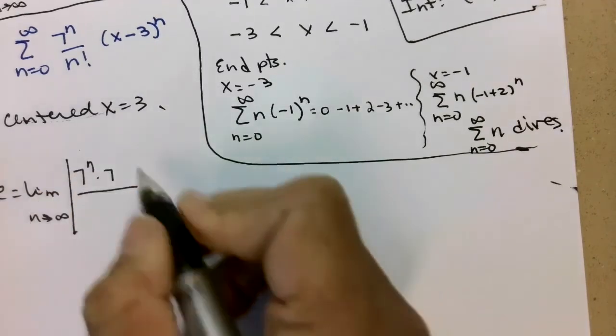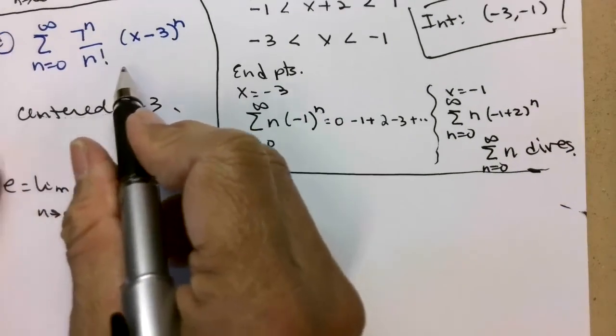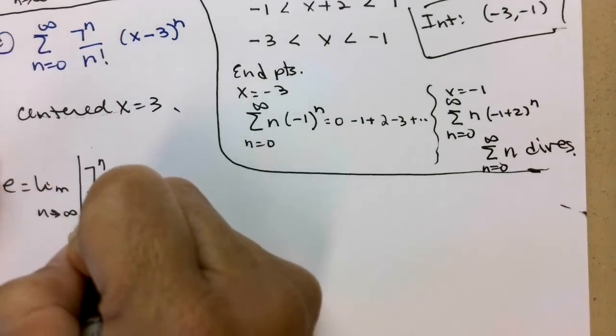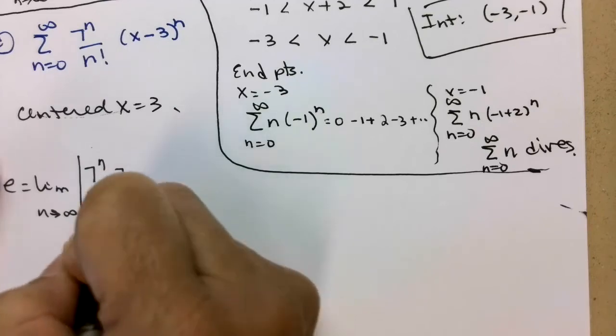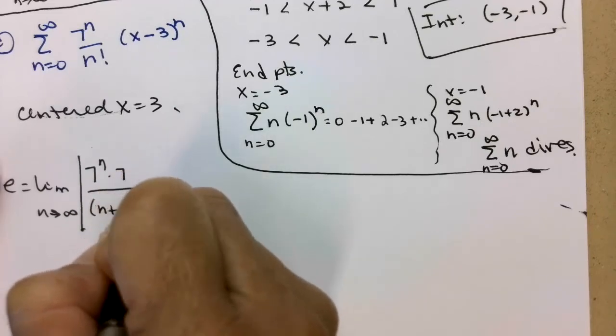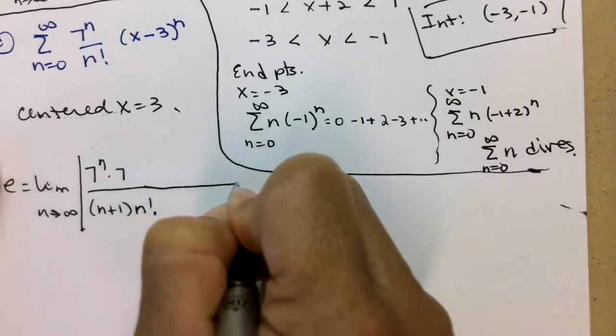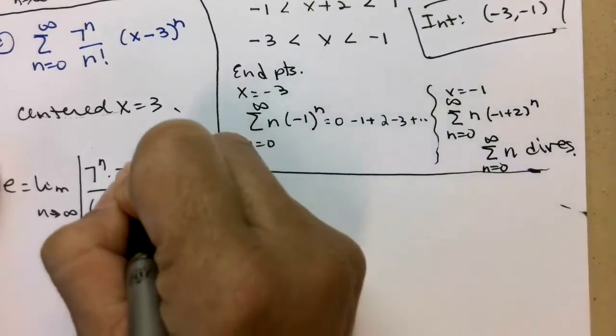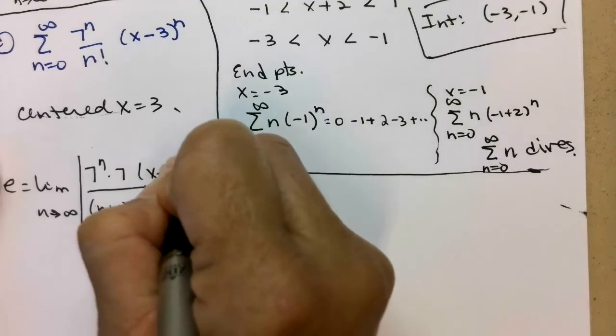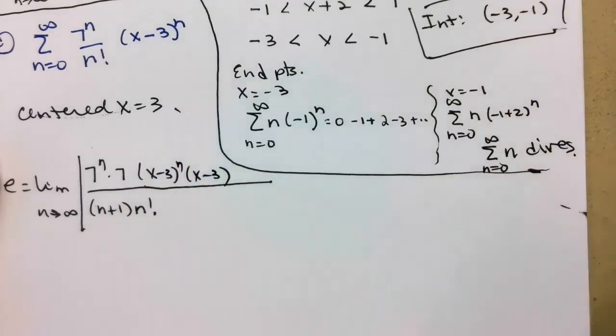Get my absolute values in there. N factorial. Remember the exclamation is factorial. So n plus first is n plus 1 times n factorial. And then I have my x minus 3 to the n times x minus 3.